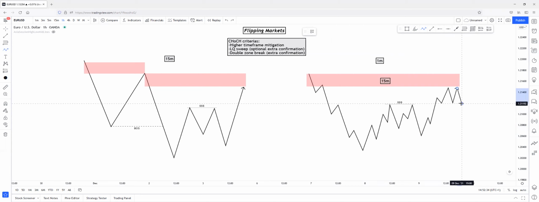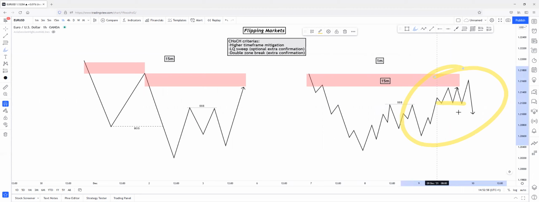So just under the supply zone, the 15-minute supply zone, we have liquidity. If price sweeps the double tops, we will have a liquidity sweep, a strong confirmation. After the liquidity sweep, the double top sweep and the higher time frame mitigation, price can reverse and sweep the downside liquidity. So these triple bottoms, it can sweep the downside liquidity.